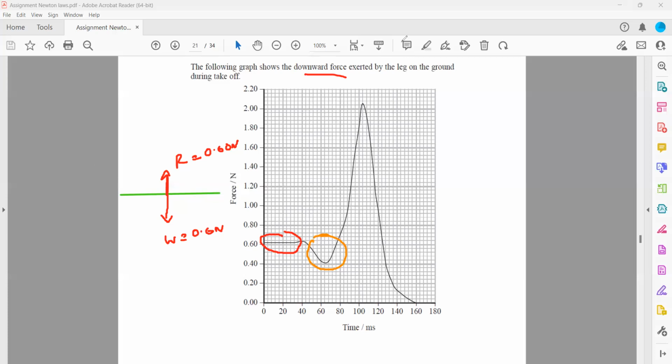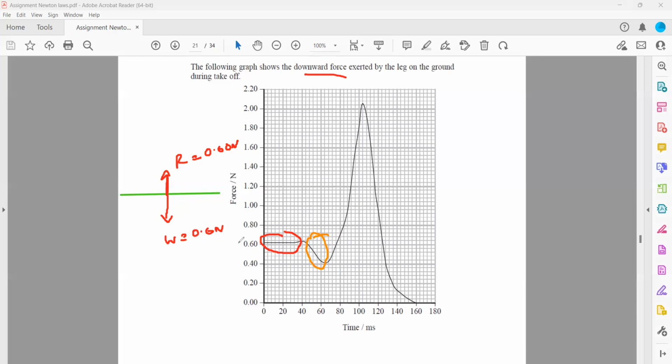Initially, why is there a decrease in the downward force, so that it is less than the weight? The main reason is that as the bird tends to push the ground to get the lift, the position of the center of gravity is changing. That's why the downward force is varying. But when it is pushing the ground, the downward force is increasing, so it will be more than the weight.